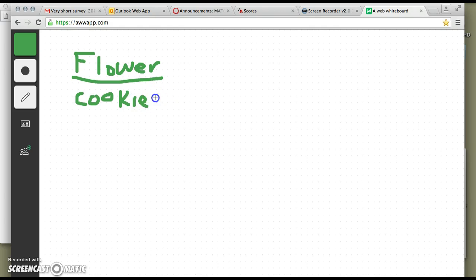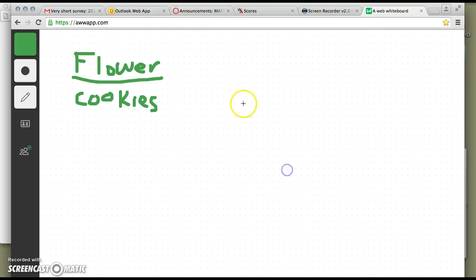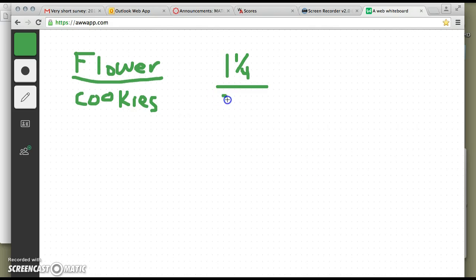All right, so let's create a couple of ratios comparing the flour to the cookies. So it says here that a recipe for chocolate chip cookies has 1 1/4 cups of flour. The recipe will make 3 1/2 dozen cookies.